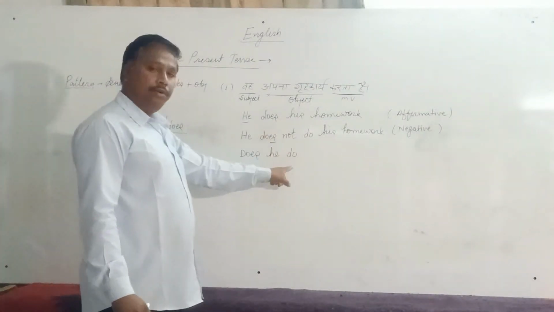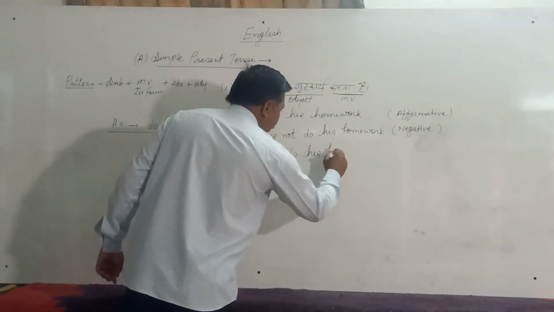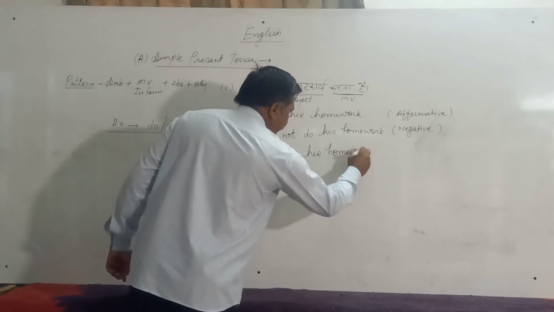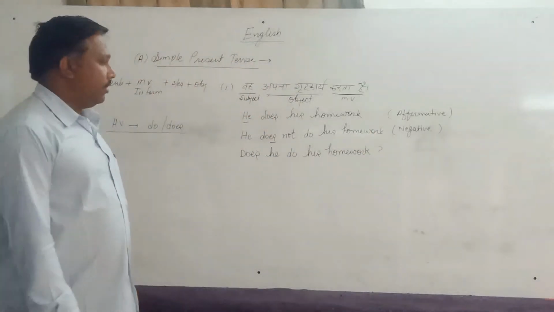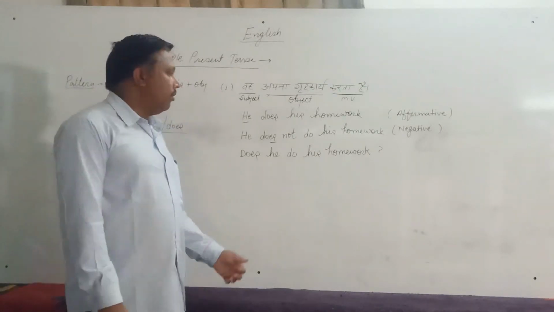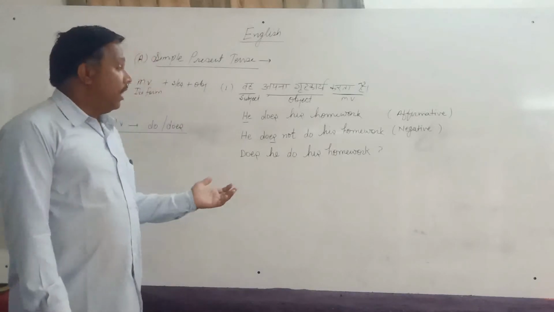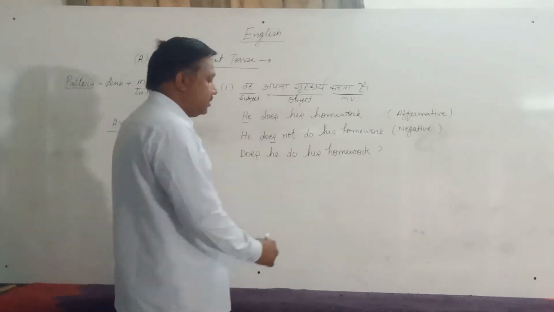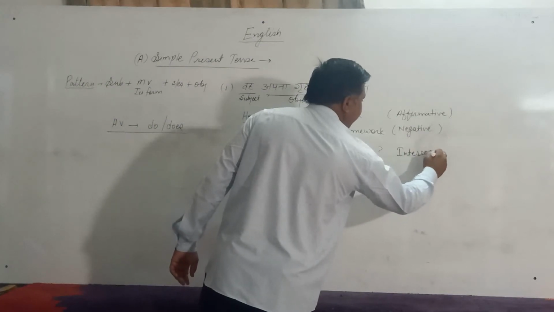It will change into do. His homework, and then put here question mark. Question mark is very important. Without it, we can't say it's an interrogative sentence. So it is interrogative sentence.